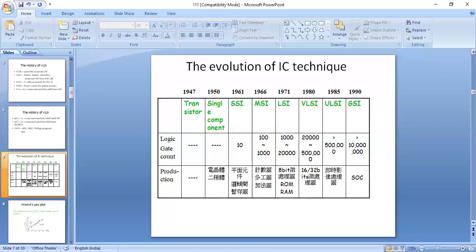So the high speed and high density aspects of VLSI are matched, and we can form a new technology known as BiCMOS technology.